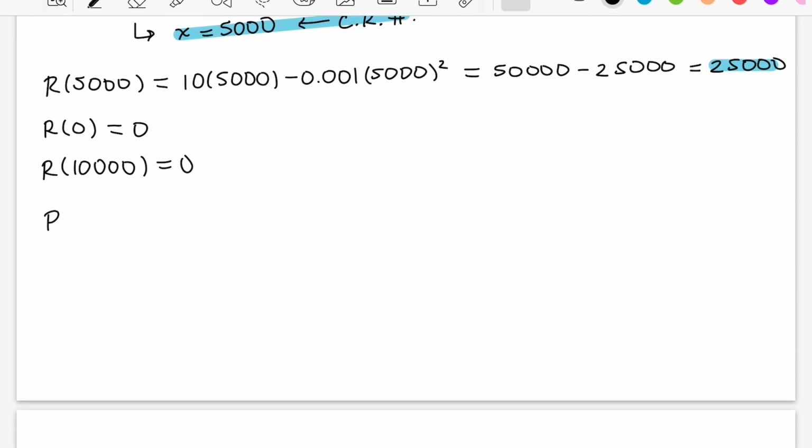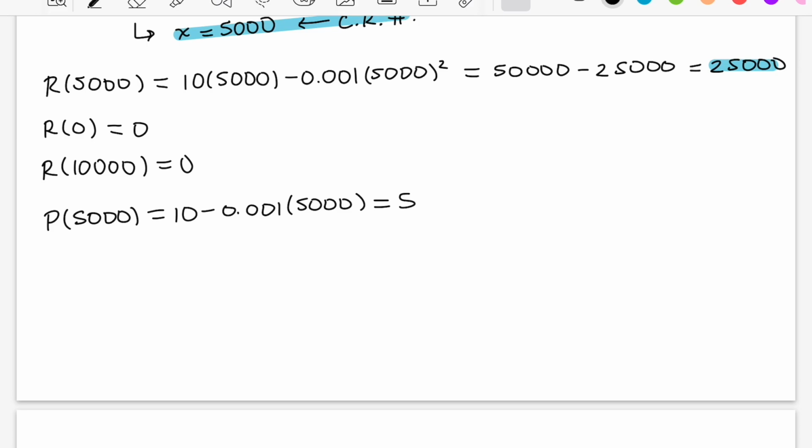And we know that the price demand function was given in the beginning. And so what we want to do is just plug in this x value into our price function. Okay. And then we'll get 5.